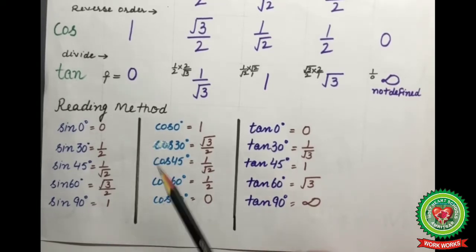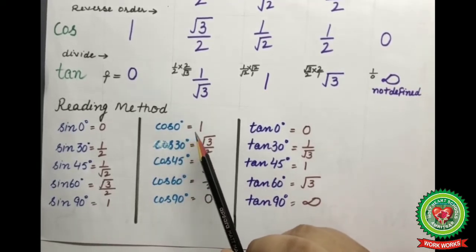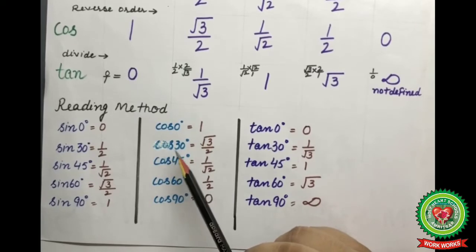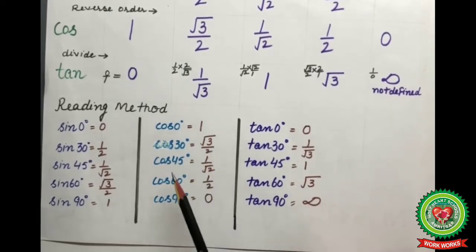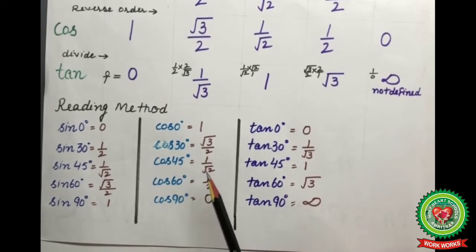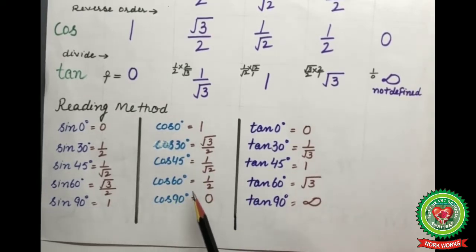Now for cos: cos 0 degree is equal to 1. Cos 30 degree is equal to under root 3 upon 2. Cos 45 degree is equal to 1 upon under root 2. Cos 60 degree is equal to 1 upon 2. And cos 90 degree is equal to 0.